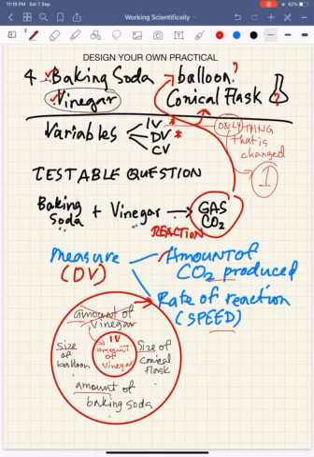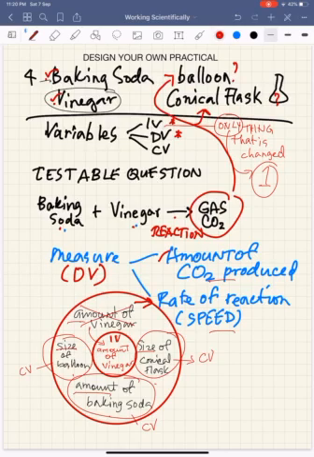And then automatically everything that's left is now a controlled variable. Everything else that you did not choose to be an independent variable becomes a controlled variable.